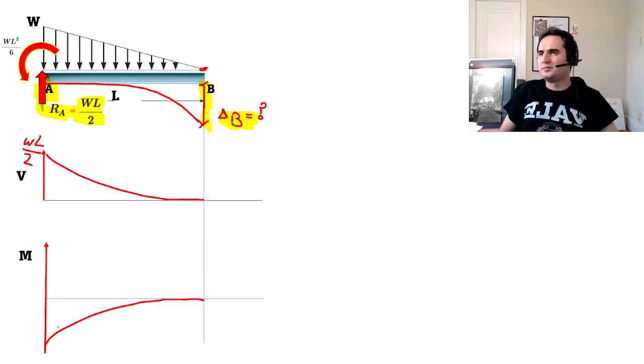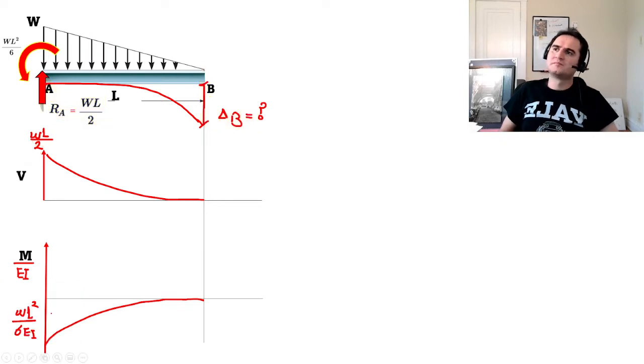And if you draw the moment, so this is linear, this is second degree, and the moment is third degree. So let's see how that goes. We have the numeric value of moment, and if you divide by EI, we have the M over EI for the moment area method.